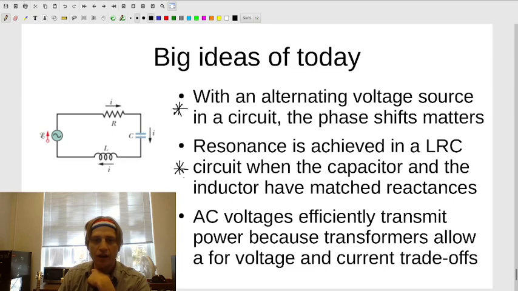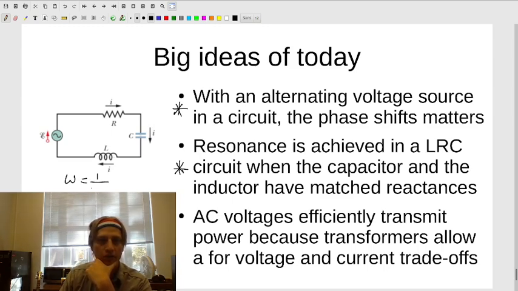The case in our LRC circuit, where you do have the applied voltage and the current in phase, is where the capacitive reactance and the inductive reactance of the capacitor and the inductor respectively are equal to one another, and that's where you get omega equals 1 over the square root of inductance times capacitance.